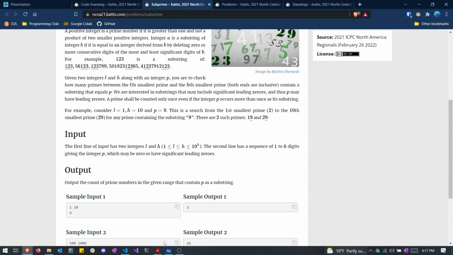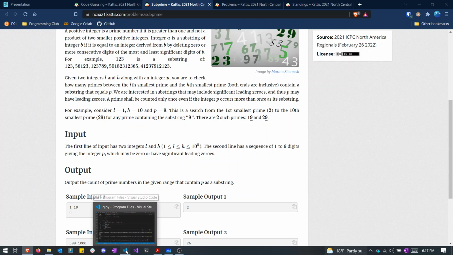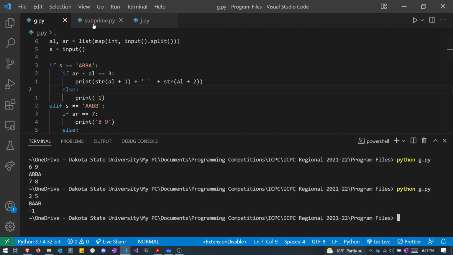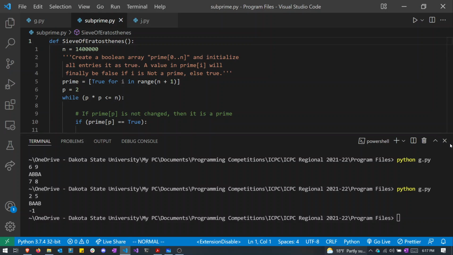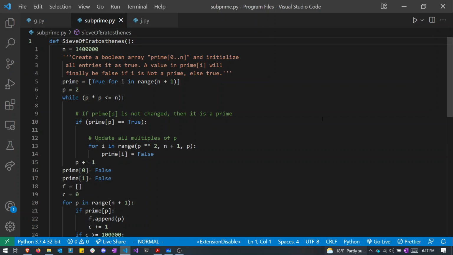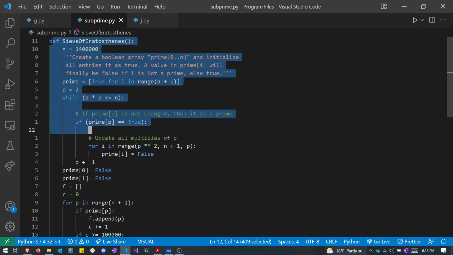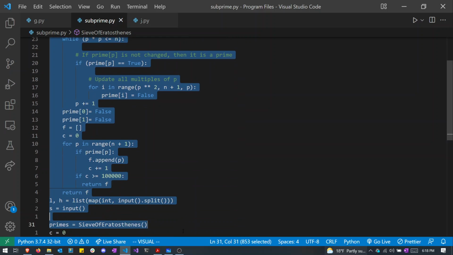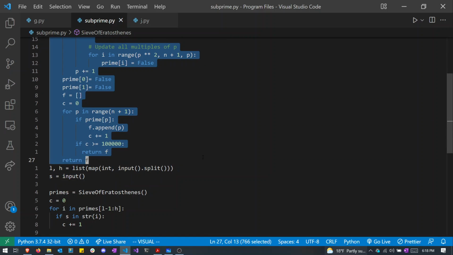I don't know it off the top of my head, but in our handy-dandy algorithms PDF we had one. It's called a sieve. This function right here, this sieve of the fancy Greek mathematician guy, I didn't write this. I just copied it from our PDF.